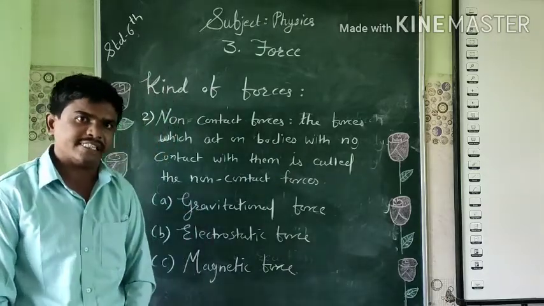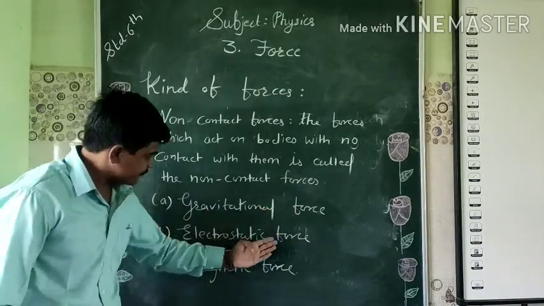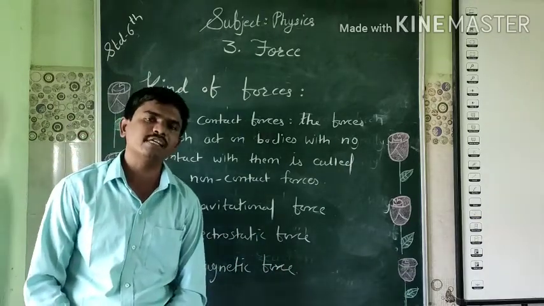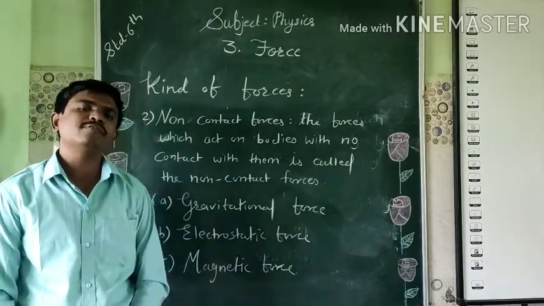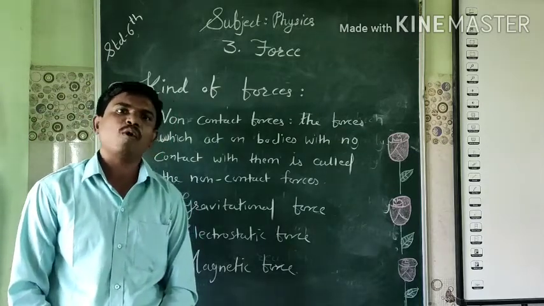There are generally 3 types: gravitational force, electrostatic force, magnetic force. Definition of gravitational force: this is the force applied by the earth to attract bodies.